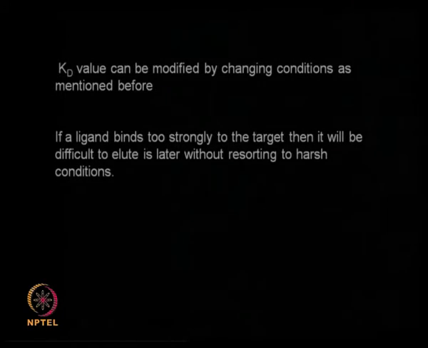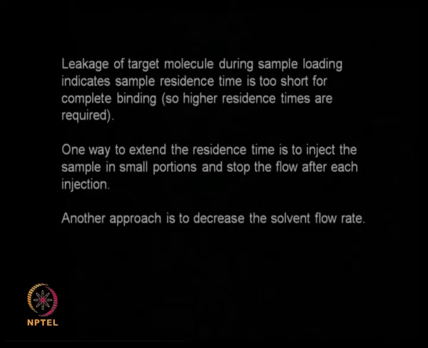And if you use a very harsh condition, you may deactivate the protein, or the protein may get unfolded and lose its activity. So you need to keep that point in mind. Basically you are weighing how strong the binding is, so that there is no leakage of the protein, against how easy it is to disrupt the protein which has been bound. So you need to play around these two values actually.